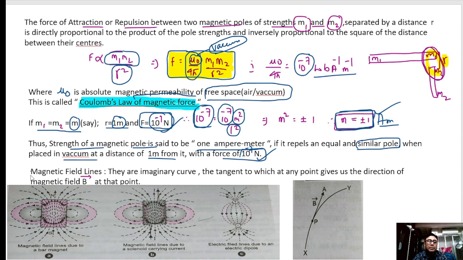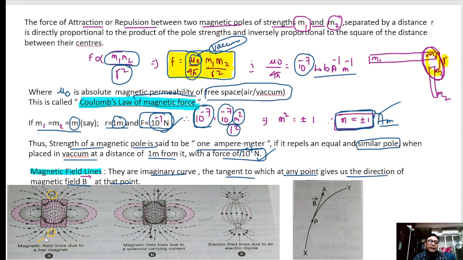dealing with magnetic field lines. So what are these magnetic field lines? They are imaginary curves, the tangent to which at any point gives us the direction of the magnetic field at that point. So see, these are the magnetic fields which are coming out from the North Pole, and this is the South Pole, as you can see.